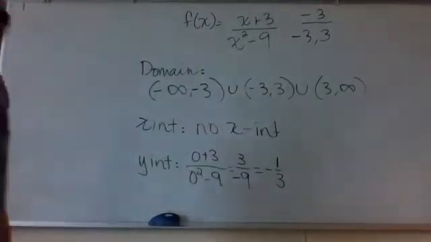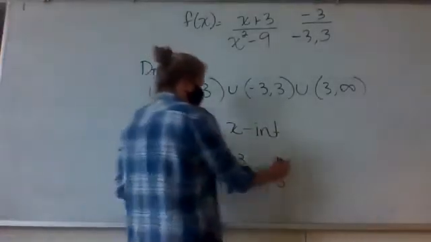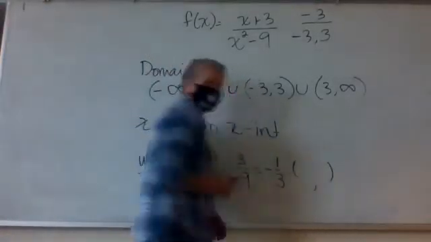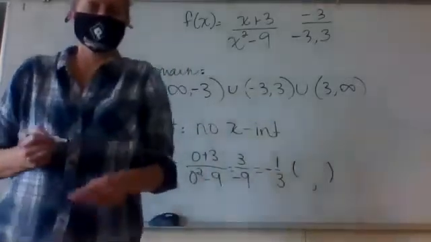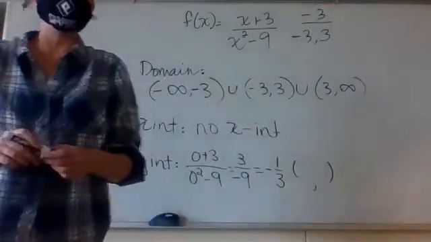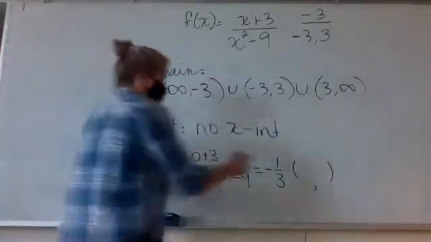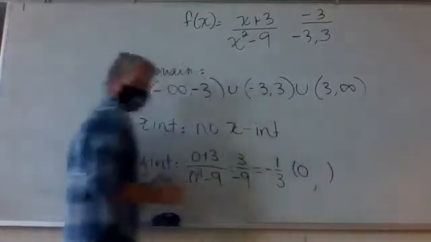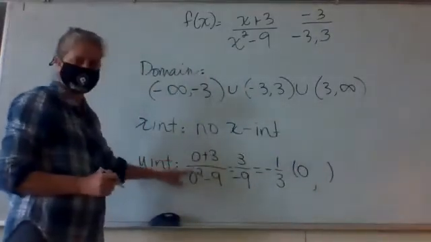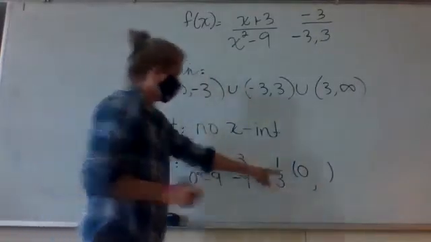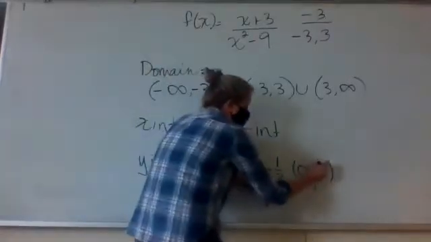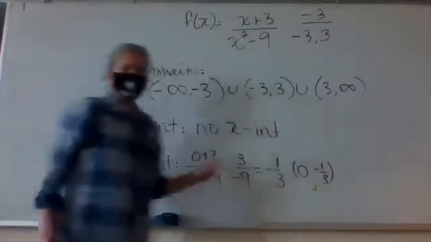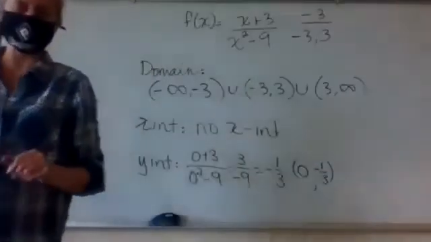Now remember, your Y-intercept is a point. All points come from ordered pairs. Since this is the Y-intercept, that means its X is 0, right? I put zeros in the X's. That's what told me the X is 0. It gave me -1/3 for the Y. So there's your Y-intercept.